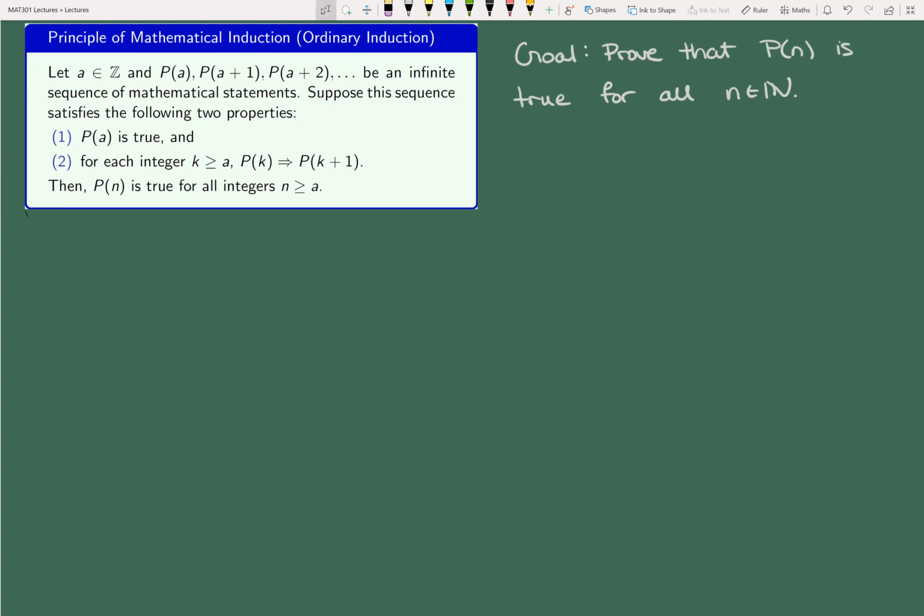So the entire idea about how induction works is you prove the following. All right, so how this works. What we end up doing by the induction hypothesis, we prove this chain of implications.